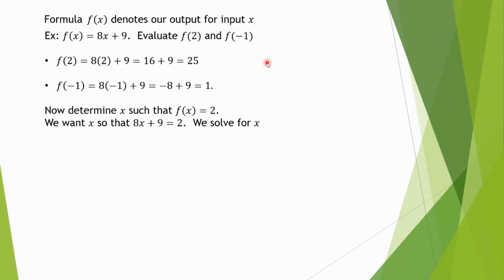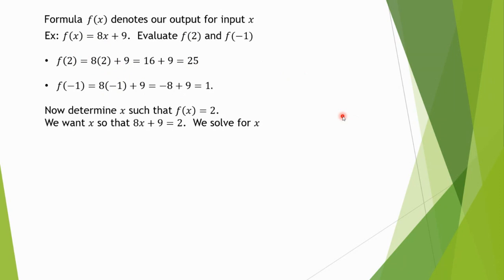So when the input is 2, our output is 25. Over here, same idea, except now x is negative 1. And in this case, we get 1. Negative 1 times 8 plus 9. We get negative 8 plus 9, which is 1. So when negative 1 goes into the function as input, out comes 1 as our output. So we're evaluating a function then.